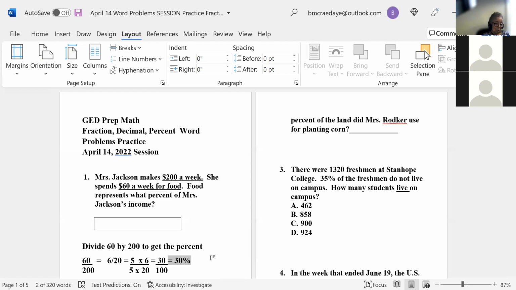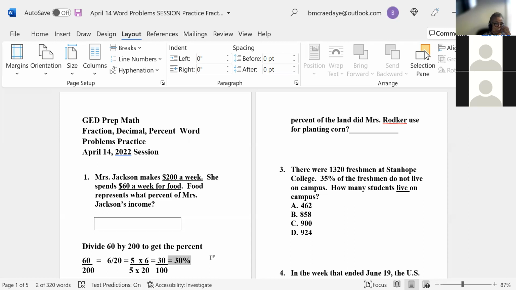You could also simplify to 3 over 5, and you know your fifths. 1/5 is 20%, so 3/5 would be 30%. Okay, questions?